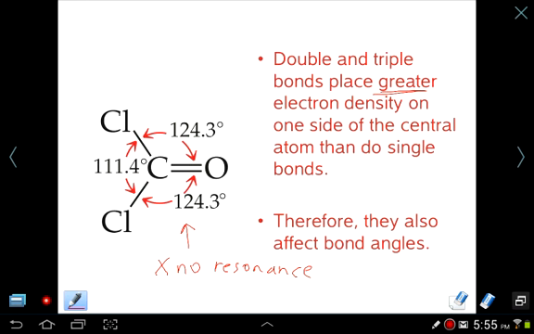But you don't have resonance here because this oxygen is a different atom than this chlorine, so we cannot swap double bonds. The double bond will create more repulsion, pushing these 2 chlorines a little bit closer together, contracting that angle, and expanding the 120 to about 124.3, and then contracting this side to 111. This has also been verified for these sorts of molecules.